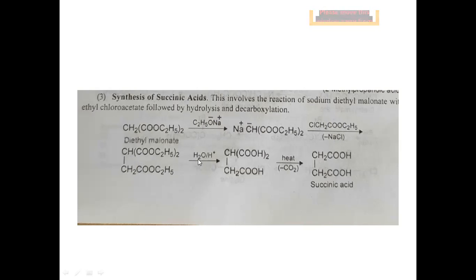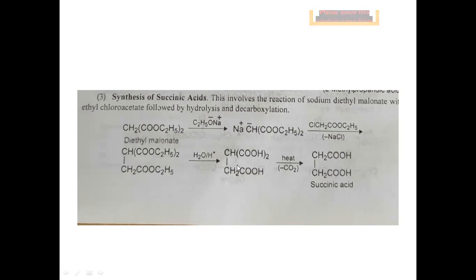This is then hydrolyzed. What will happen on hydrolysis? CH2COOH, and this will be COOH two times. On heating, it will be converted into CH2COOH. One of the carboxylic acids will be removed in the form of CO2, and this H will come here.